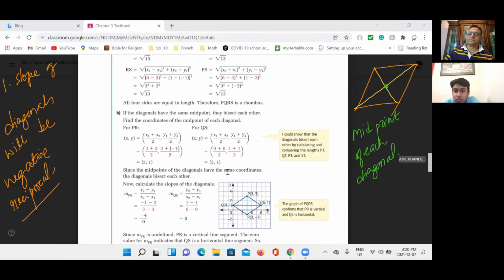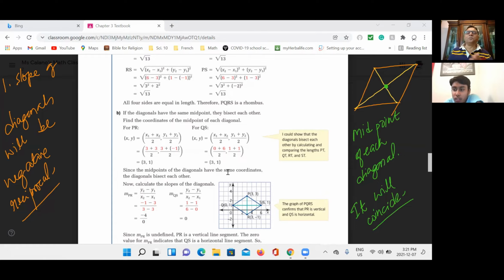It will coincide. Okay, sir. So if the midpoints coincide, it means both the diagonals are intersecting right in the center, correct?